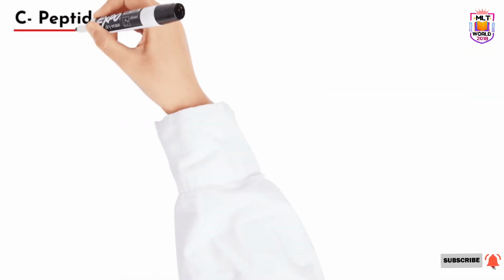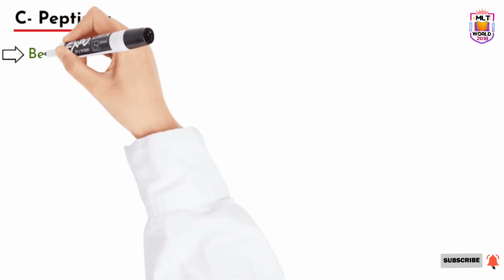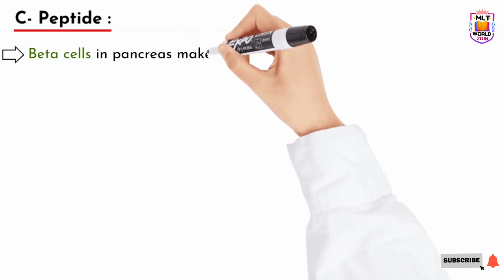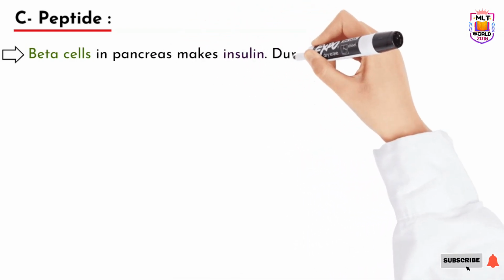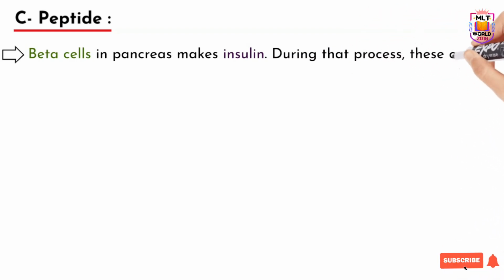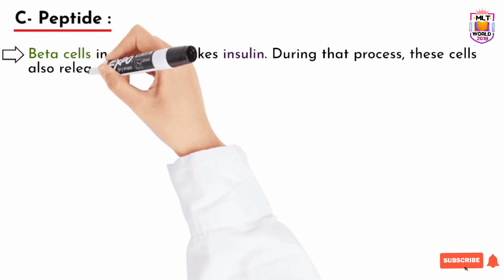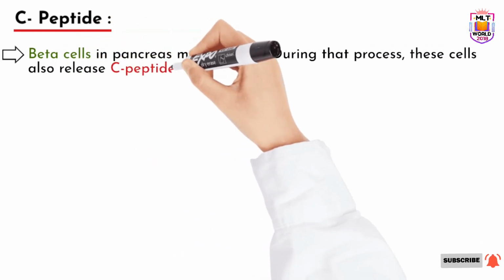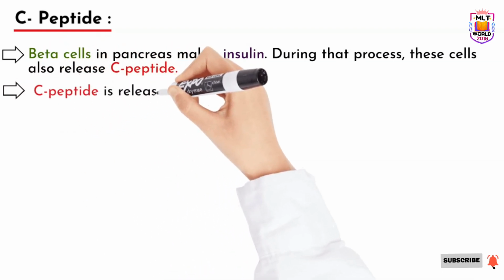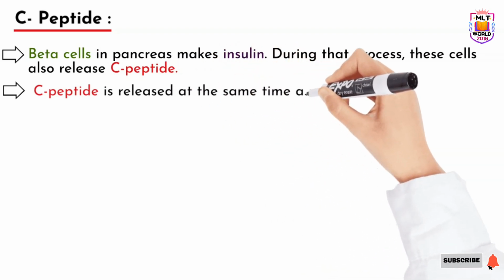What is C peptide? The pancreas in our body, and especially the beta cells in the pancreas, produce insulin and C peptide together. Means when beta cells release insulin, at the same time C peptide is also released from the pancreas. But why is C peptide a benefit?